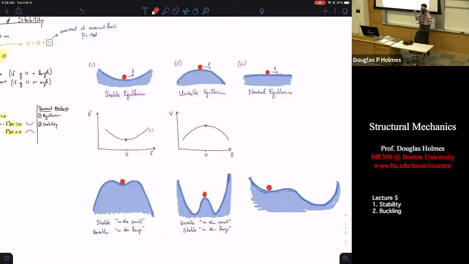And if you're the modeler, you might not be aware that there's another minimum not that far away. This is what's referred to as metastable. It's kind of stable in each of these cases. It can be poked back and forth with a little bit of effort.